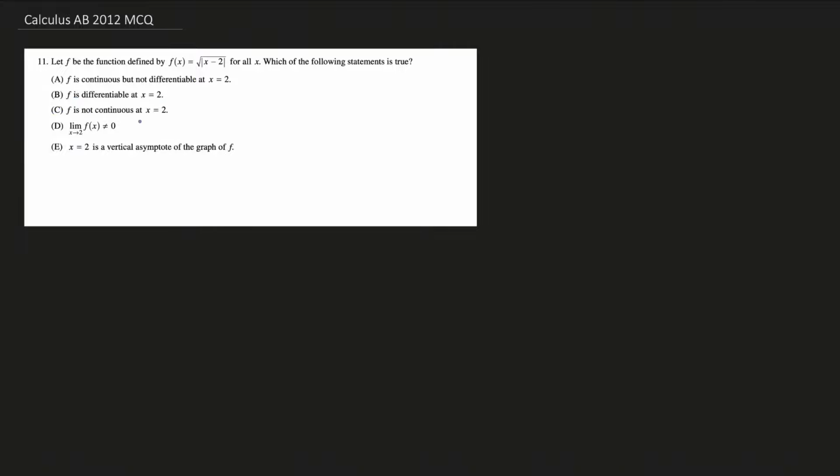Well, let's go ahead and get rid of the options that are pretty easy to determine. The first one is f is not continuous at x equals 2. If you think about it, as the numbers get close to 2, if I plug in like 2.9, 2.9 minus 2, I get like 0.1, and similarly the square root of 0.1.